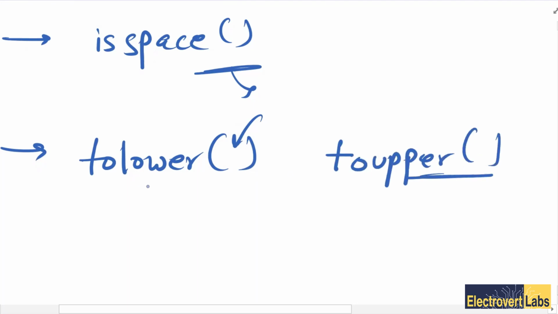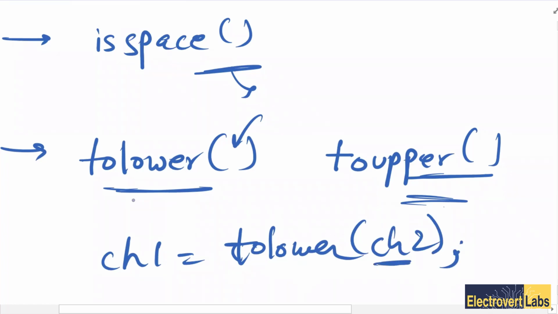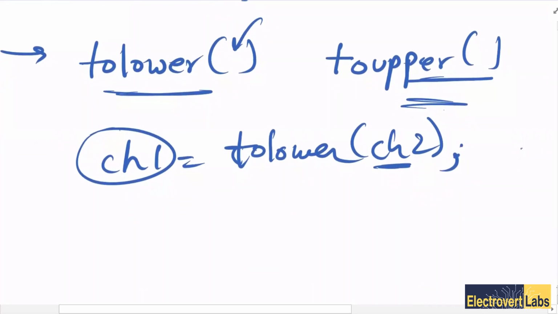Now tell me what will be the output data type of these two functions? Yes, it will basically return a character. So we can store it in a new character: ch1 = tolower(ch2). So ch2 will be converted to lowercase and stored in ch1. Of course, ch2 has to be an alphabet. Similarly, the toupper function is there.